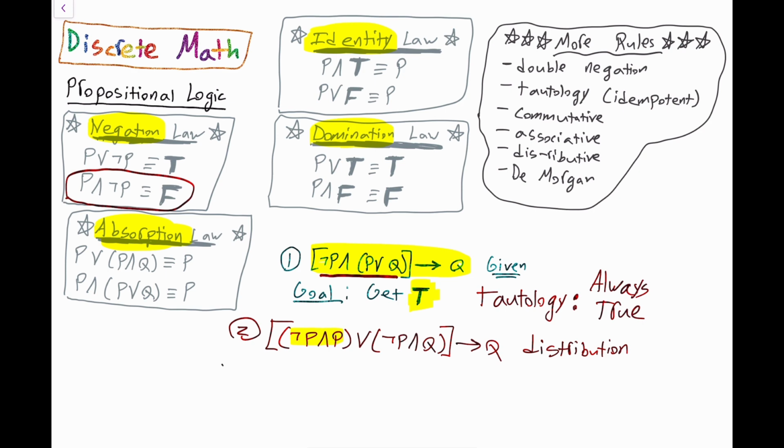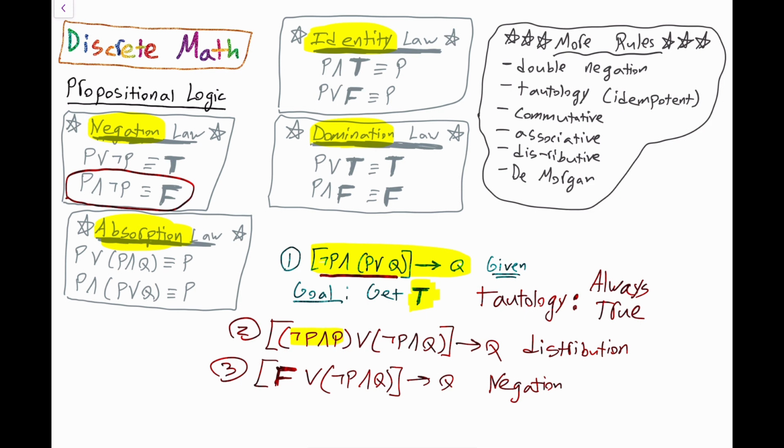So for line 3, we can get bracket, something that's necessarily false, because it's a contradiction, or parentheses, not p and q, close parentheses, close brackets, arrow q, and we got that by our negation law. Now what?